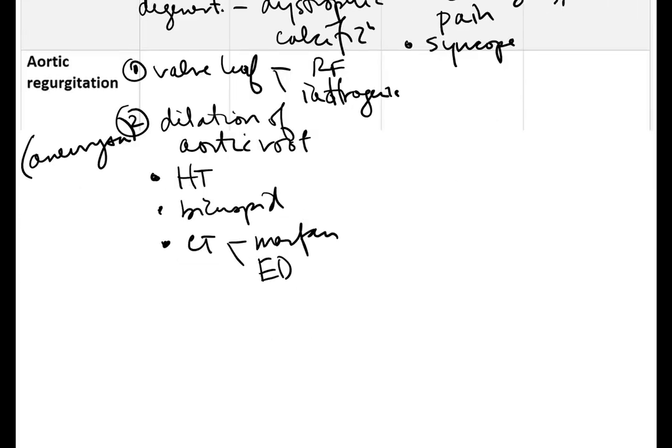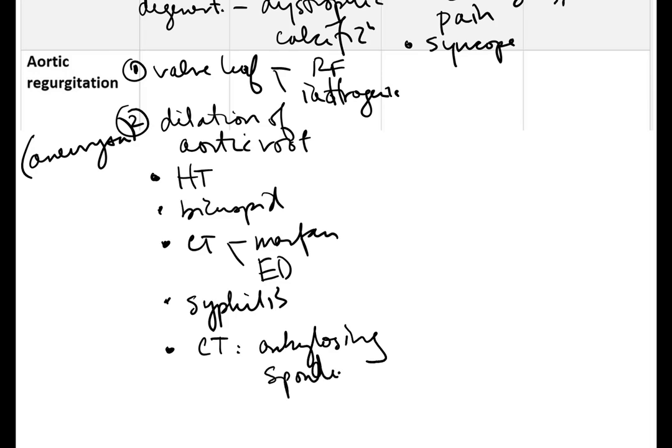And so about the only new member of the list here, of course, wait a minute, don't forget syphilis. Never see it, but it's always on every medical student's list. But the one we don't really think of being common here is going to be connective tissue diseases. And that classic disease for this is ankylosing spondylitis.